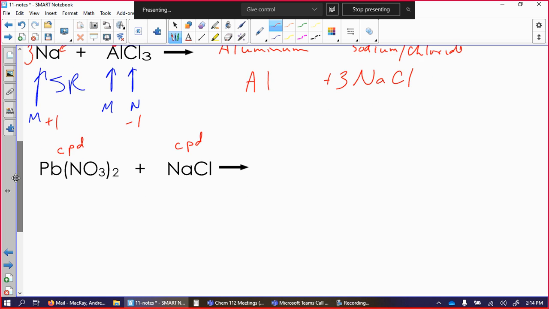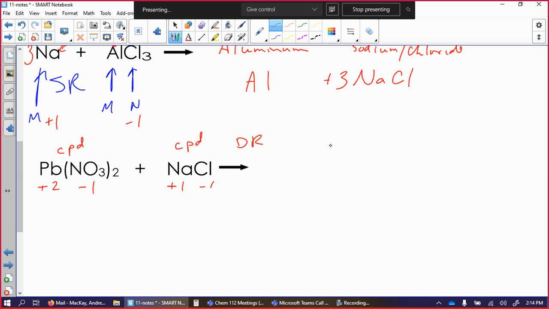So compound and compound, this is double replacement. So we need to worry about charges because these are usually like 99 times out of 100 ionic. Lead in this compound is +2 because nitrate is -1. Okay.